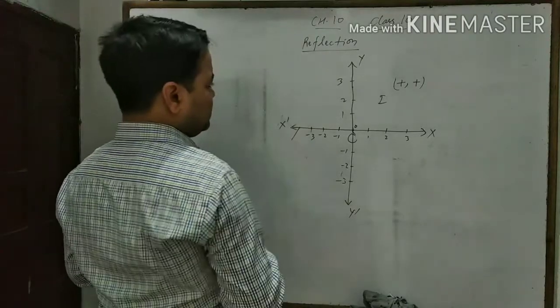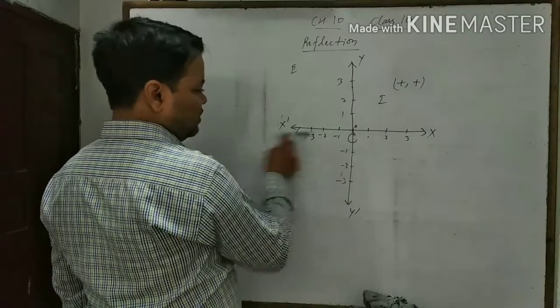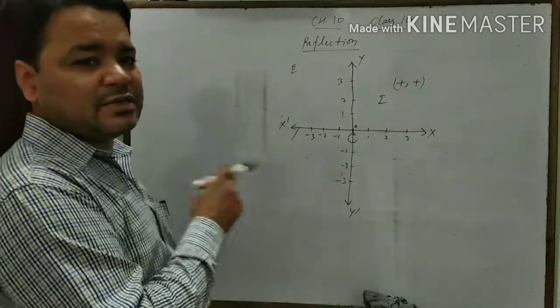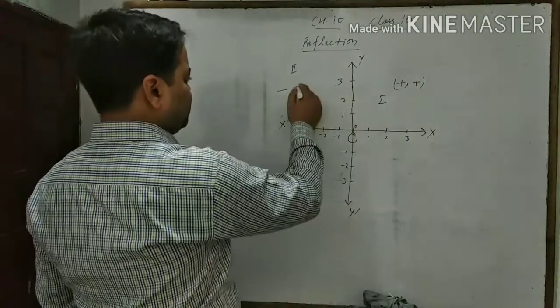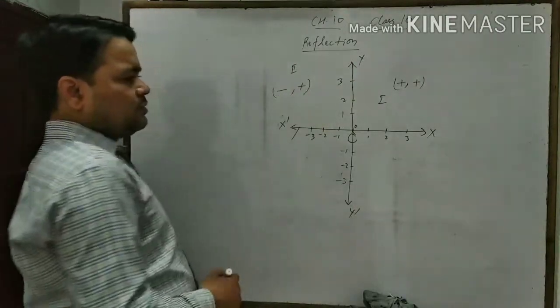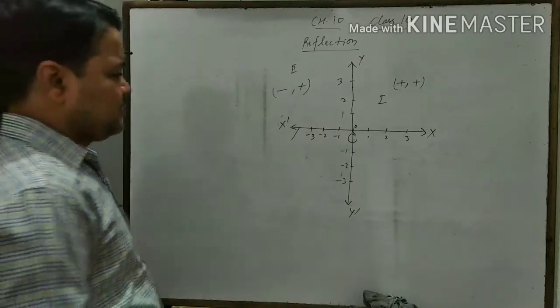For the second quadrant, first we write the sign of x. OX' is the negative direction of x-axis, that is minus, and the positive direction of y-axis is plus. In the second quadrant it will be minus and plus.